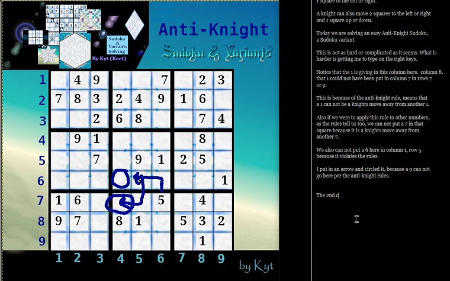The second circle is where a 5 cannot go because of the knight's moves. A knight can move 1 square up and 2 squares to the left or right as well.